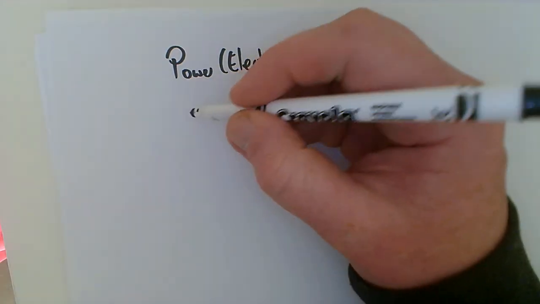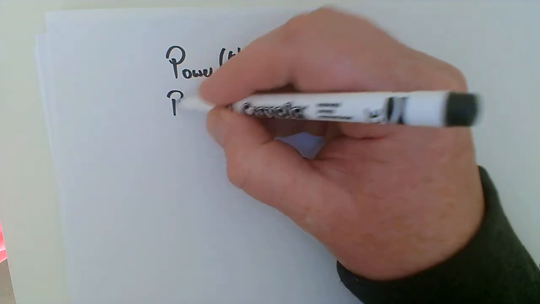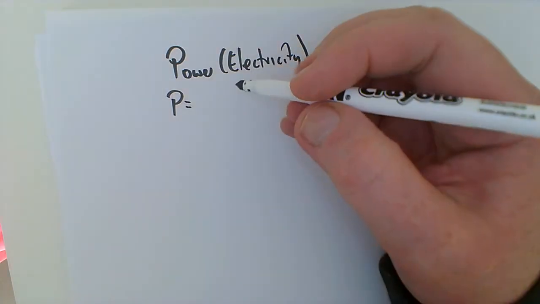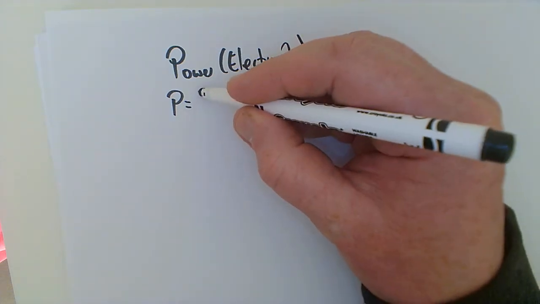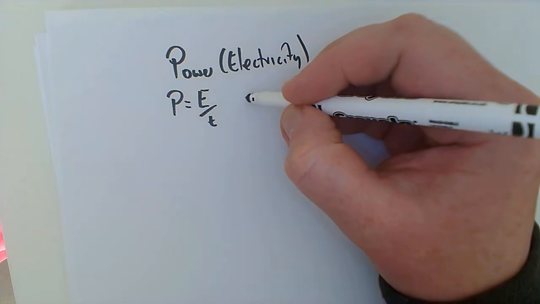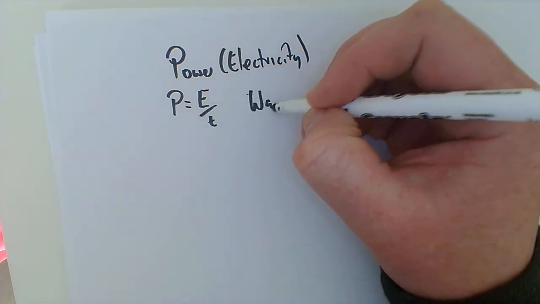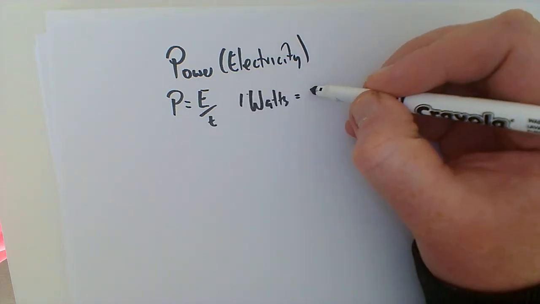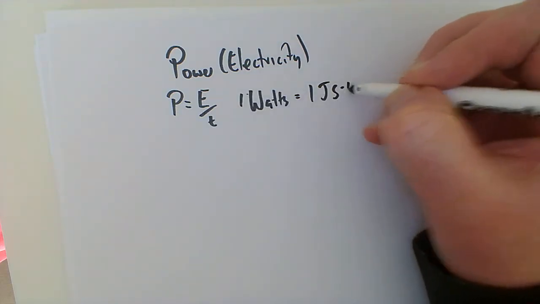Right, so electrical power. What does power mean? Well, you should know from GCSE or perhaps even from mechanics that power is energy over time. So power is measured in watts, and what we're saying is 1 watt is equal to 1 joule per second, right?